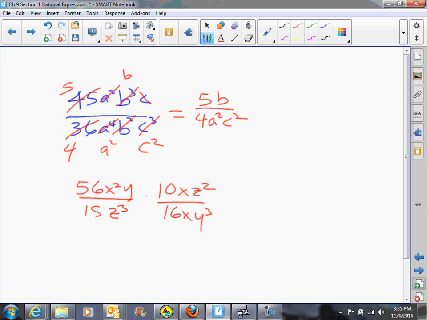Now, any factor in the numerator that's the same as a factor in any denominator, because these are monomials, we're just multiplying everything across the numerator, multiplying everything across the denominator. So if we can find a factor in common in the numerator and denominator, we can cancel it out.